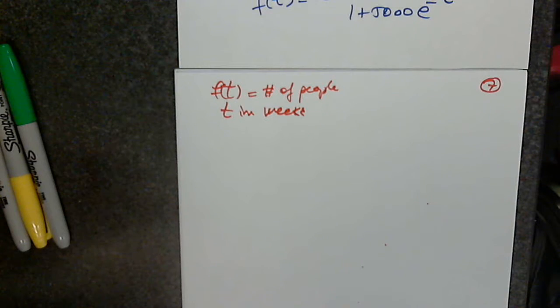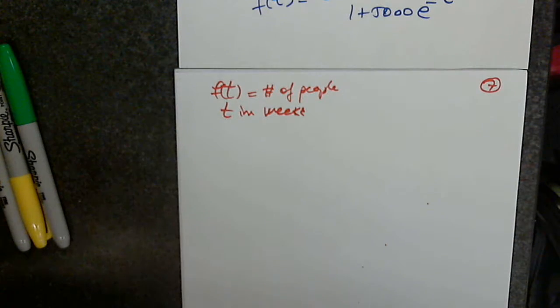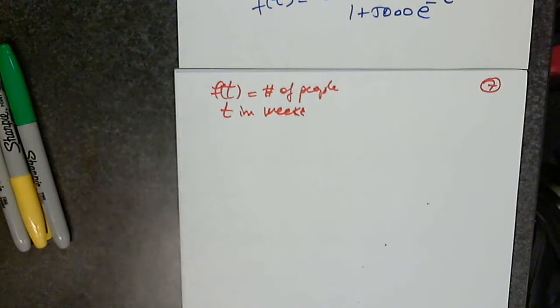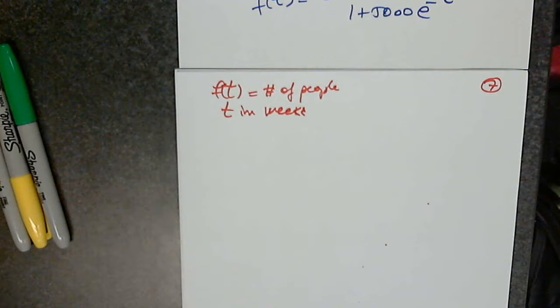Okay, let's read it again. The logistic growth function describes the number of people who became ill with influenza t weeks after its initial outbreak in a particular community.